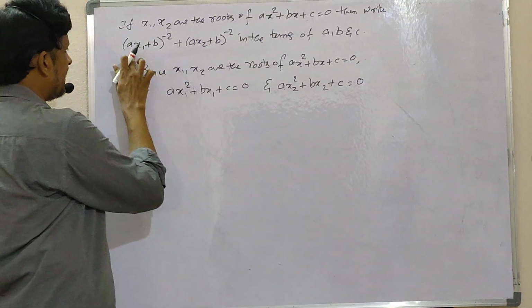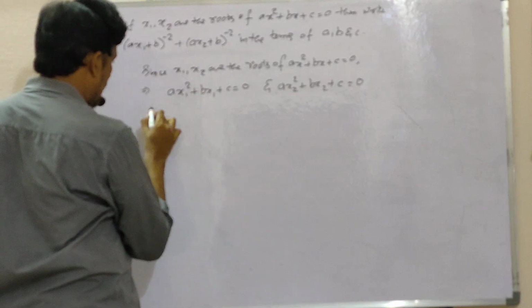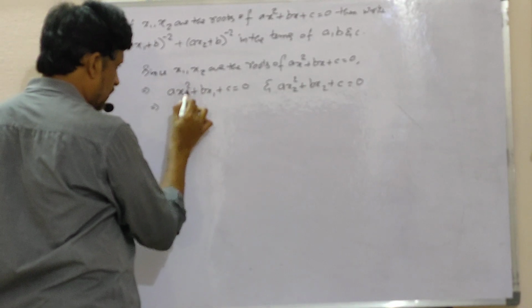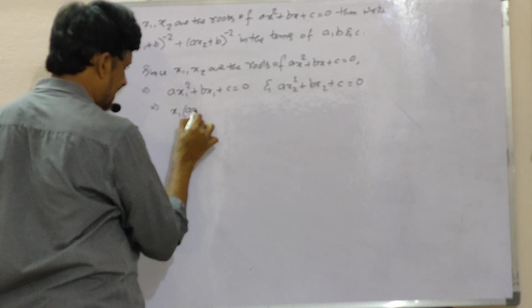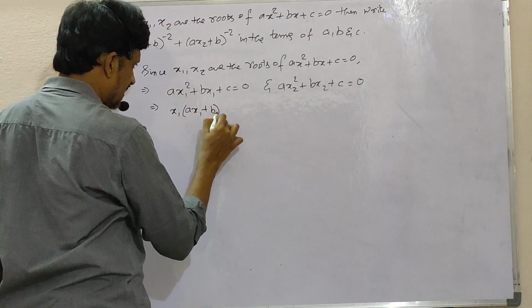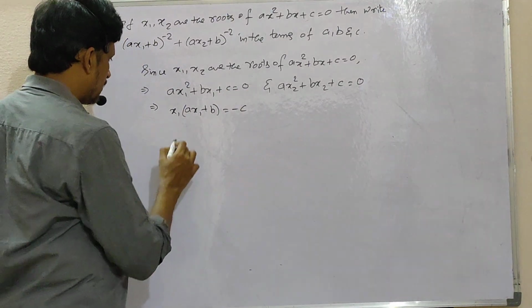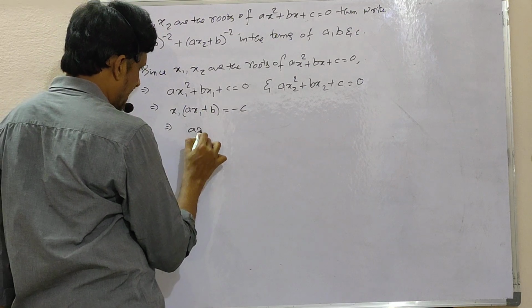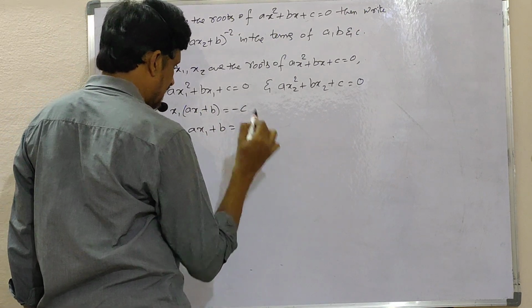But now the required one is (ax1 + b)^(-2). So I am writing this value like this. ax1² + bx1, here x1 is the common term, then you are left with ax1 + b. This is equal to, c will be minus c in the RHS part. So the value of ax1 + b is equal to -c/x1.